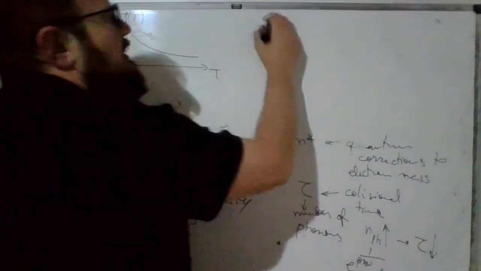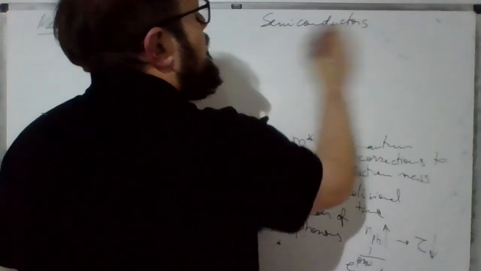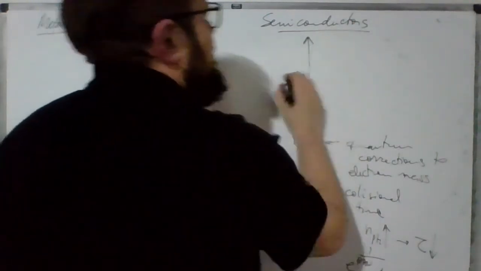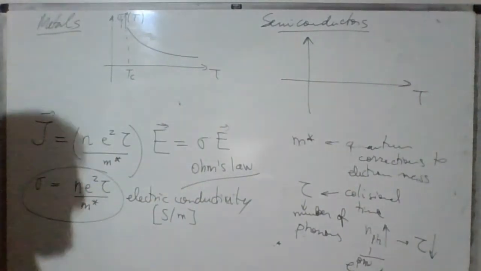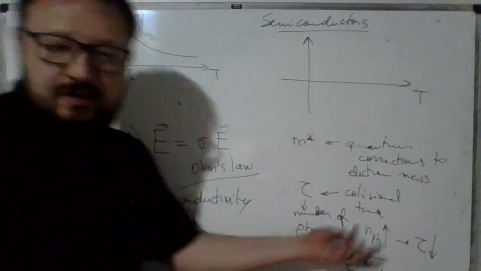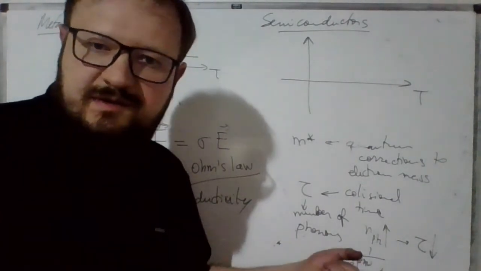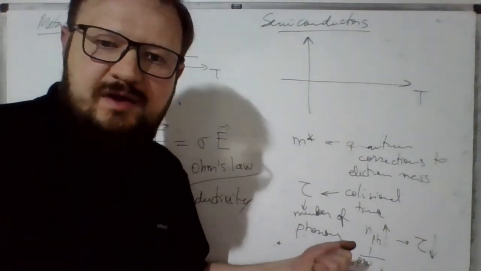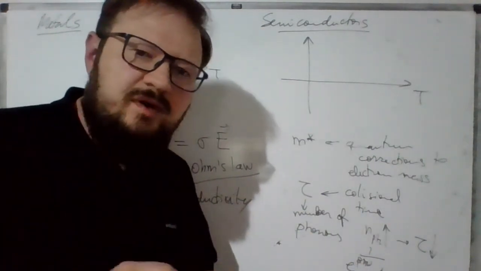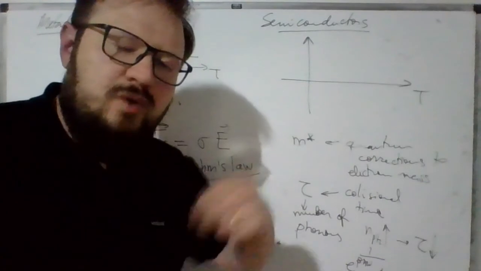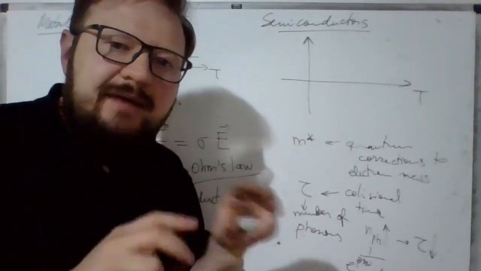But for semiconductors, you have a distinct behavior, because if you increase temperature, of course, the collision rate increases. But there is another effect, which is the promotion of electrons from one energy band to the other, and you create carriers.